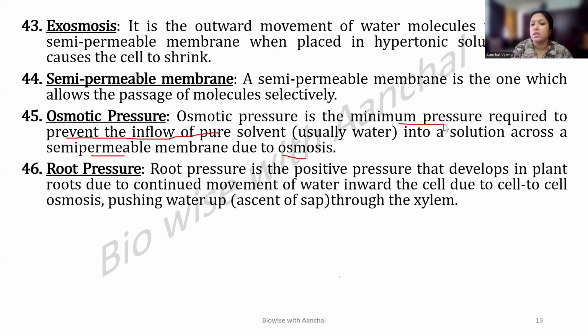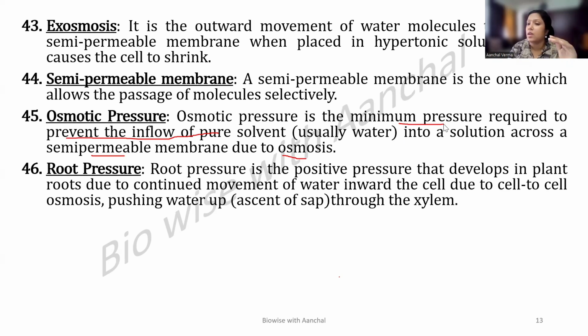Root pressure is the positive pressure that develops in the plant roots due to continued movement of water inward the cell due to osmosis, pushing water up, that is ascent of sap through the xylem. So this is very important. Root pressure does not contribute much in taller plants because there the height and the weight, that is gravity, becomes the limiting factor.